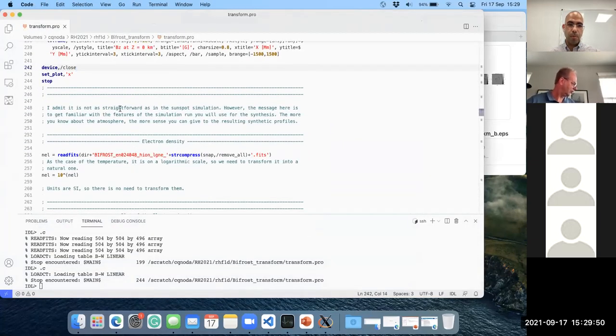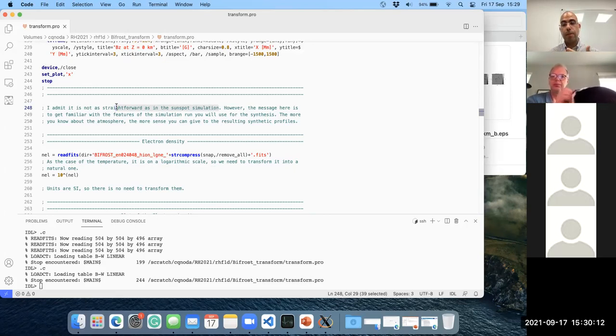And basically what I want to say here is, as I said, it's not as easy to see as in the Muram simulation, but the truth is that it's not bad. It's not bad to try those things, because you can also get a bit familiar with the features that you have in the simulation.